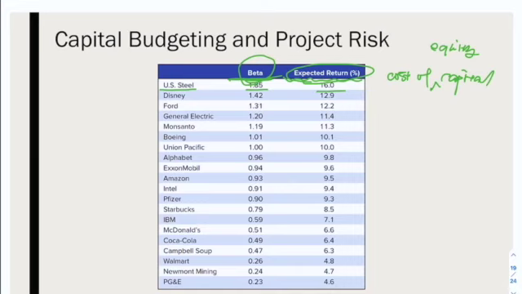Only if US Steel can offer this 16% return will any investor be willing to invest in US Steel. So this becomes the r when investors are calculating the present value of US Steel's price, right? They're using future cash flows from US Steel discounted by the 16% to calculate the present value, how much money they're willing to give US Steel if they issue additional equities today. And this is a cost of capital.